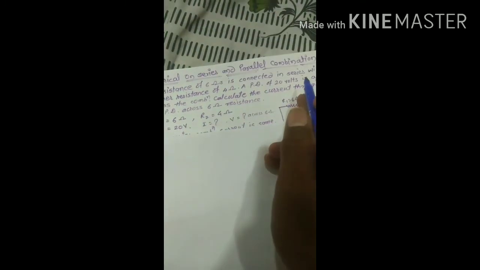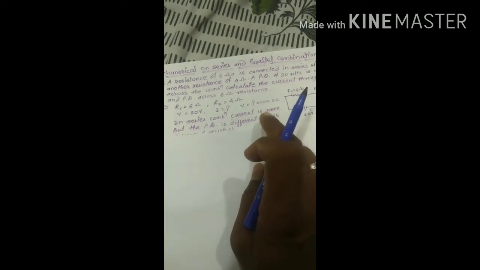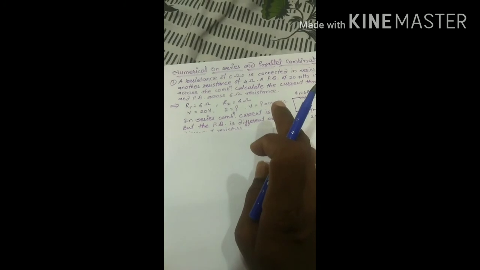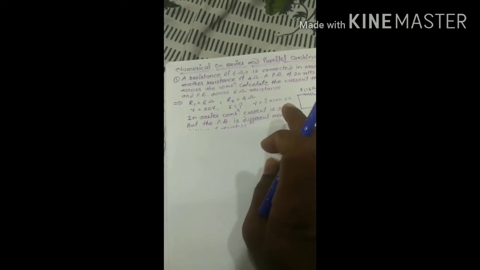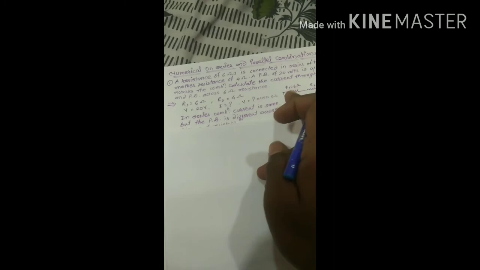They are connected in series. So the characteristics we studied in series: the same amount of current flows through each resistor, but the potential difference across each resistor is different.